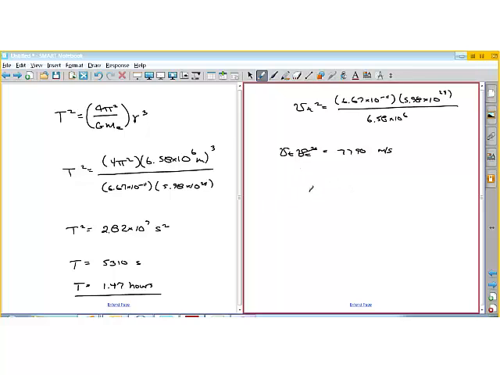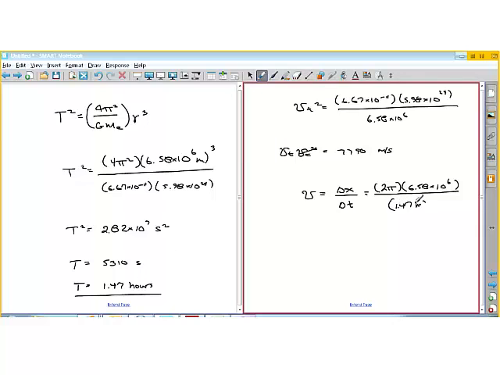Now the other way of doing it is, if you think about the velocity, it is delta x over delta t. The distance it's traveling is going to be 2 pi times the radius, which is 6.58 times 10 to the 6 meters. That's the distance it travels in that circle, and the time is going to be equal to 1.47 hours.